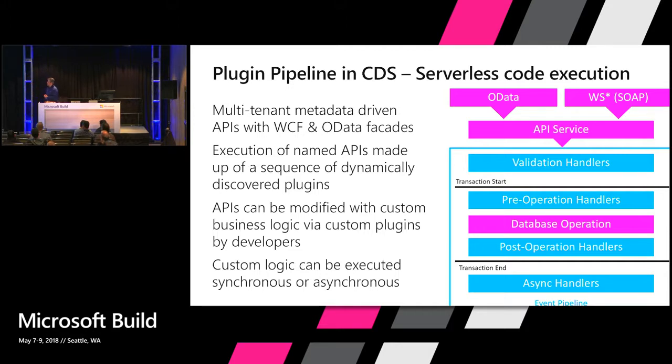Now, our plugin pipeline has a series of events. This is how our extensibility system fundamentally works. We have both our OData, our web API, and our SOAP API that feed through what we refer to as an API service. Interesting little tidbit: our SOAP API, our web API, and our OData 2 API all talk to the same API interface layer.